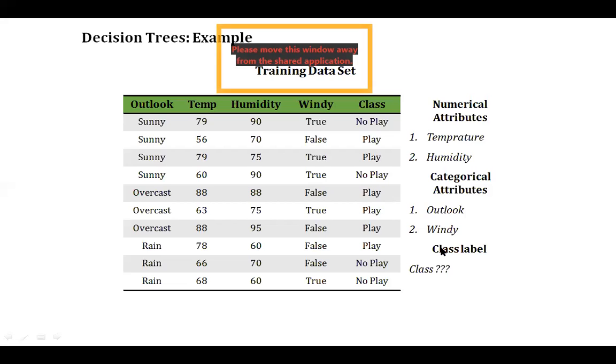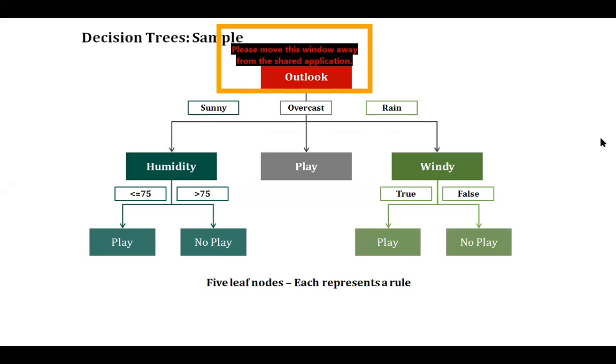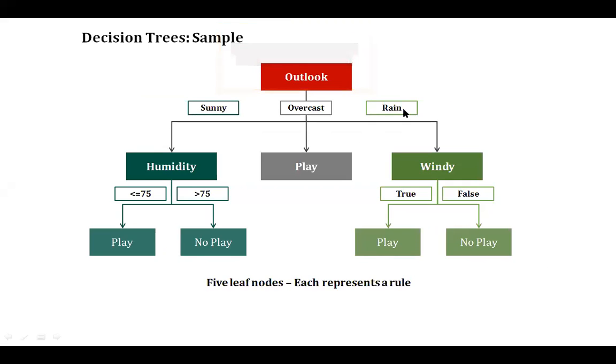Based on this training data set, the decision tree will be matched with the expected output. Here the classification process will be done. We will have a root node, and now I am creating the sub nodes, that is, whether it is sunny, overcast, or rain. Now these three categories become the nodes.